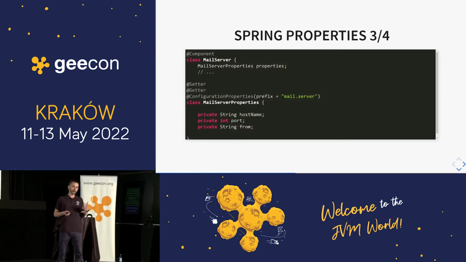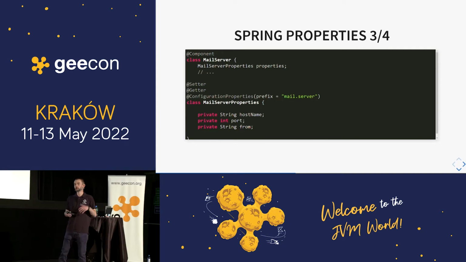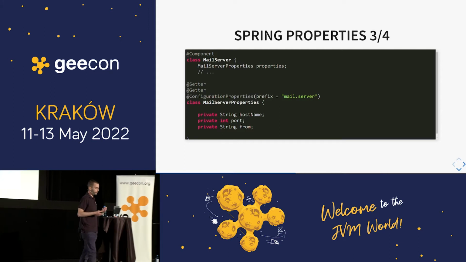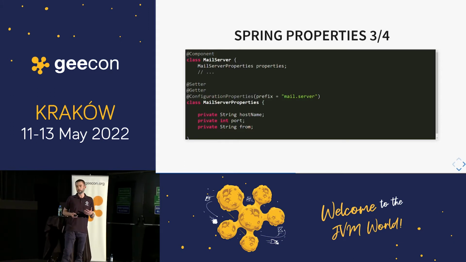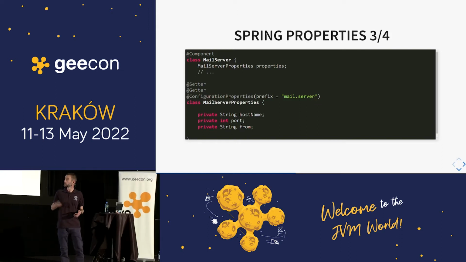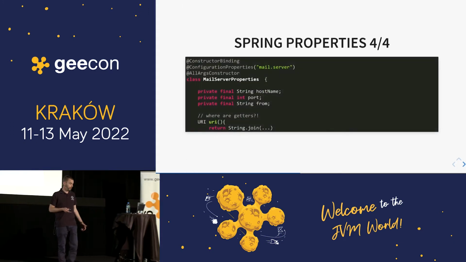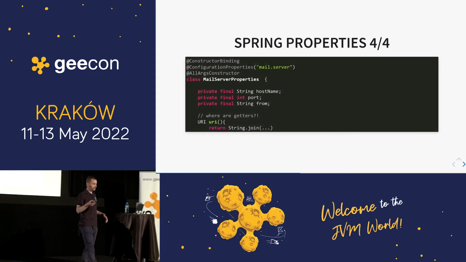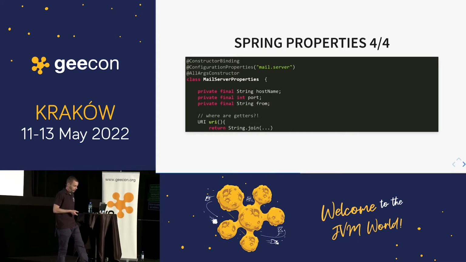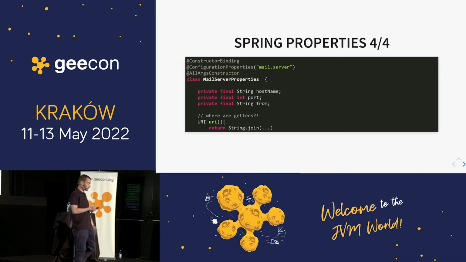Again, you can separate your DTO, your value that you create from properties, from the Spring bean where you will use it. And in this case, it is still mutable. There is a setter annotation. But thanks to the annotation constructor, you can also make this code immutable.